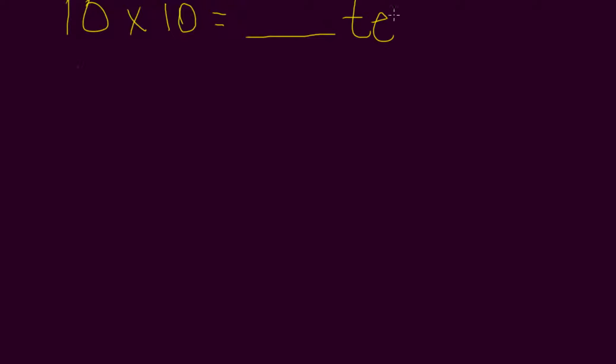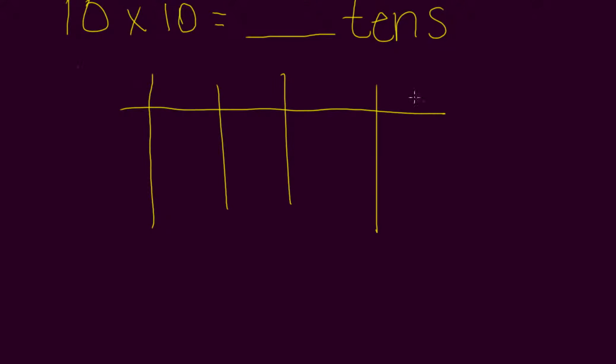If you want to think of the place value chart, you can. I'm just going to do a really quick one. Here's your ones, your tens, hundreds. So 10 times as many as 110. Well, there's 110.